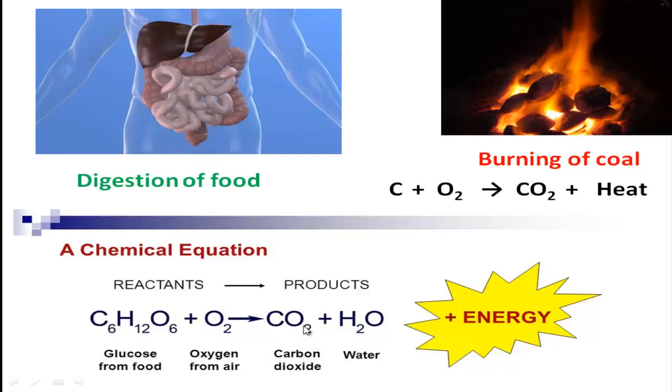Carbon dioxide gas we exhale, water is absorbed by our body, and the produced energy we use for doing different works. So these are all examples of combustion reaction, and obviously these are examples of chemical change.